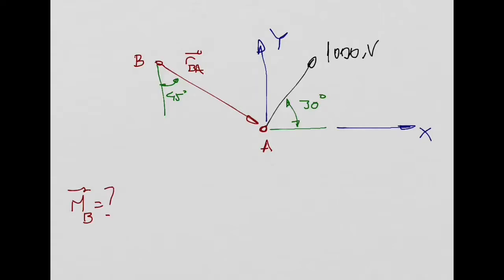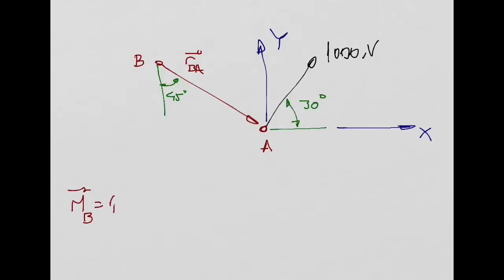All right, so let's define. I'm going to show you that the moment vector is going to have only a z component. So let's do the cross product. Let's first write the position vector, RBA.